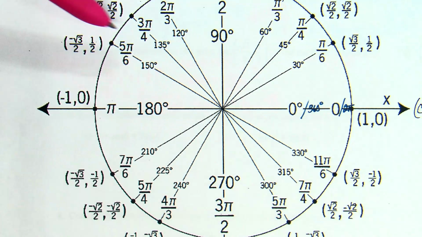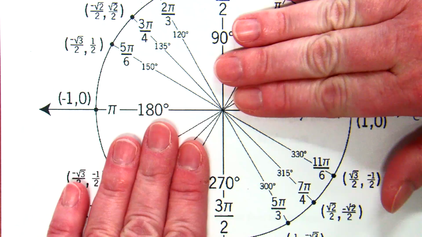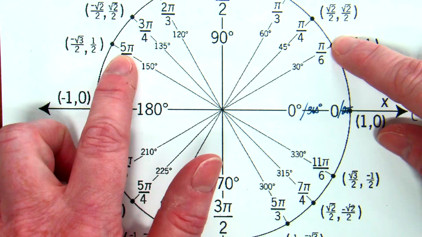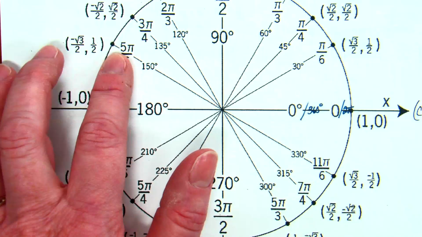Now our angle was pi over 6, right? What is the equivalent angle to pi over 6 over in quadrant 2? 5 pi over 6, right? Because the same distance up from the x-axis. And so this is 5 pi over 6. So one of our two angles is 5 pi over 6. That's what it is in quadrant 2.